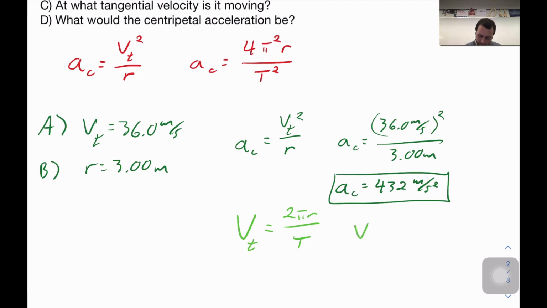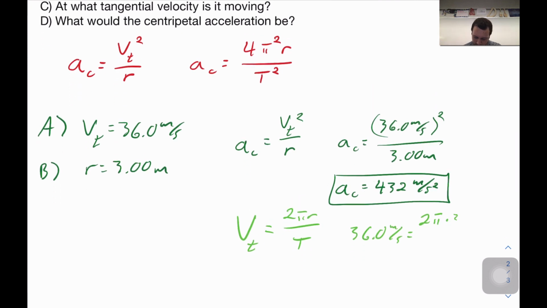So by plugging in our values, we know v_t is 36 meters per second, which equals 2 pi times our radius, which is 3 meters, divided by the period.